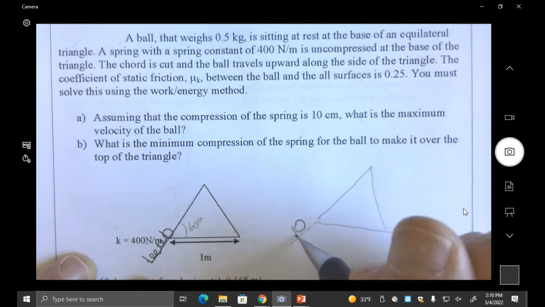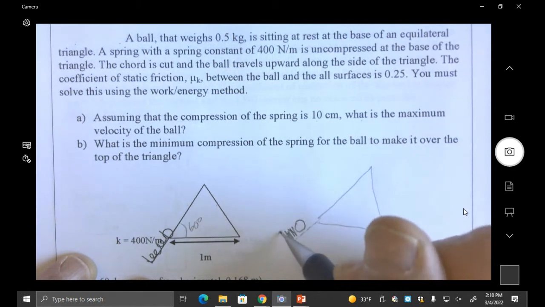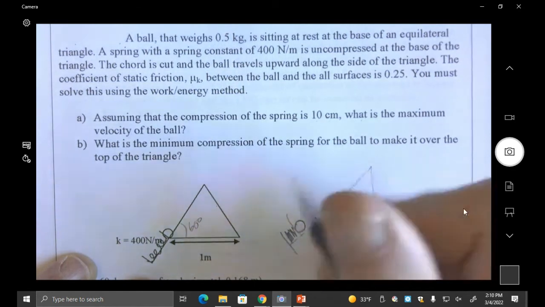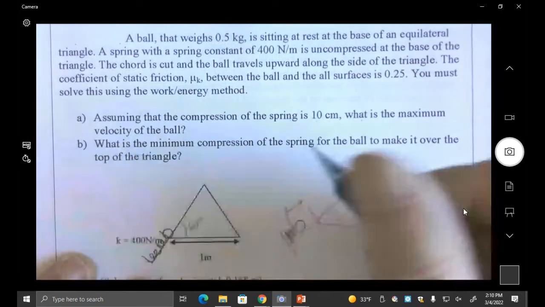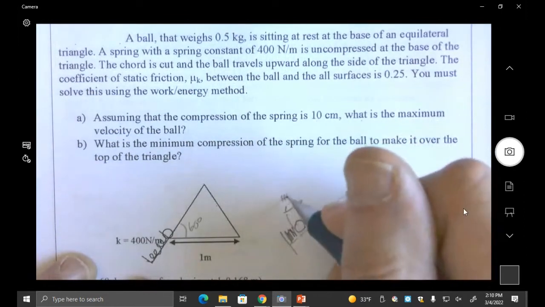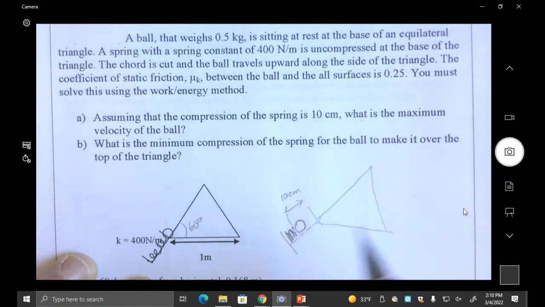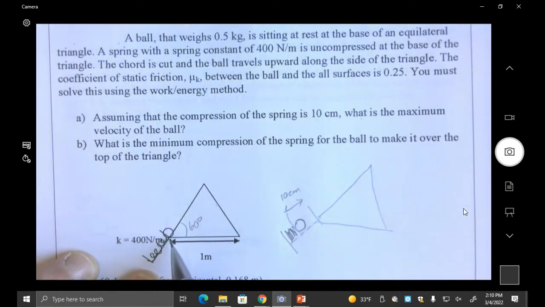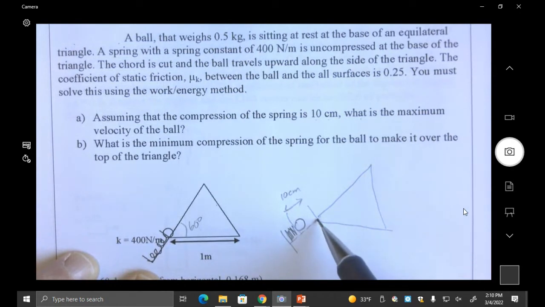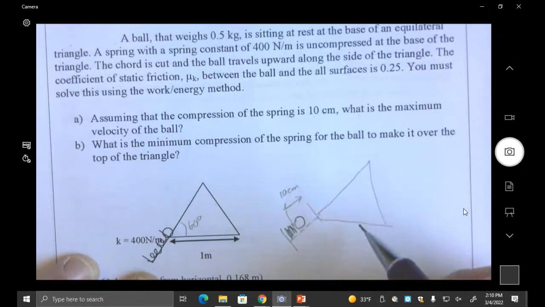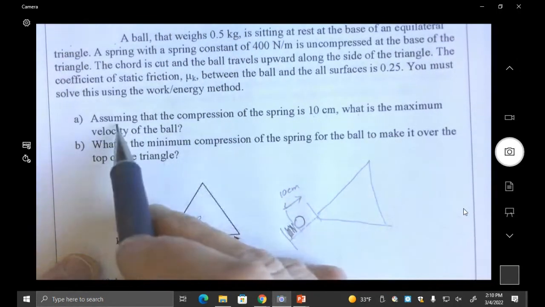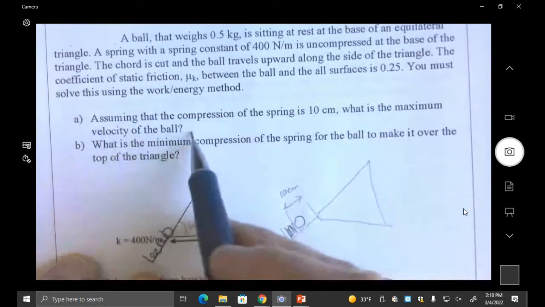So the ball is going to be right here. It's been compressed in part A to 10 centimeters. Does that make sense? That's what they're saying. They're showing that the spring, when it's fully extended, is right there, right? And then they want to know what is the maximum velocity of the ball.